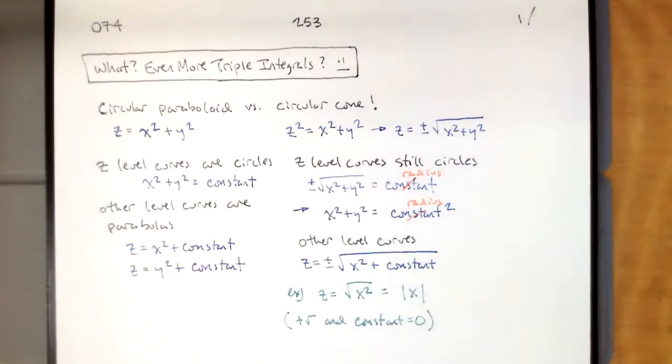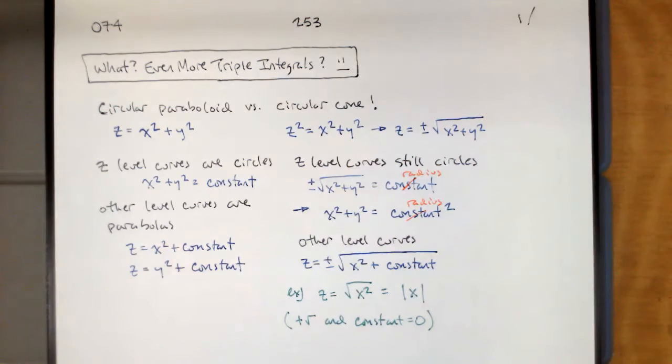So here's what our other level curves are going to look like: absolute value. So whereas in the circular paraboloid, looking at things from the side, we see a bunch of parabolas, the right circular cone is going to look from the side like an absolute value graph.